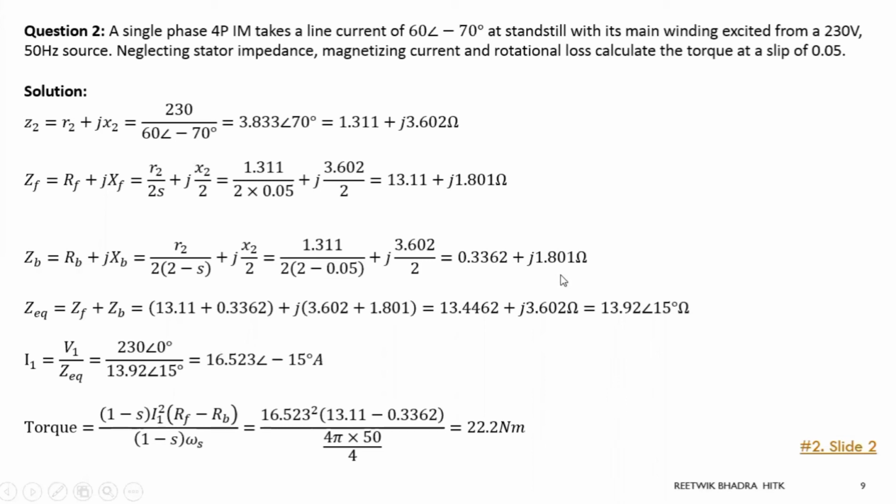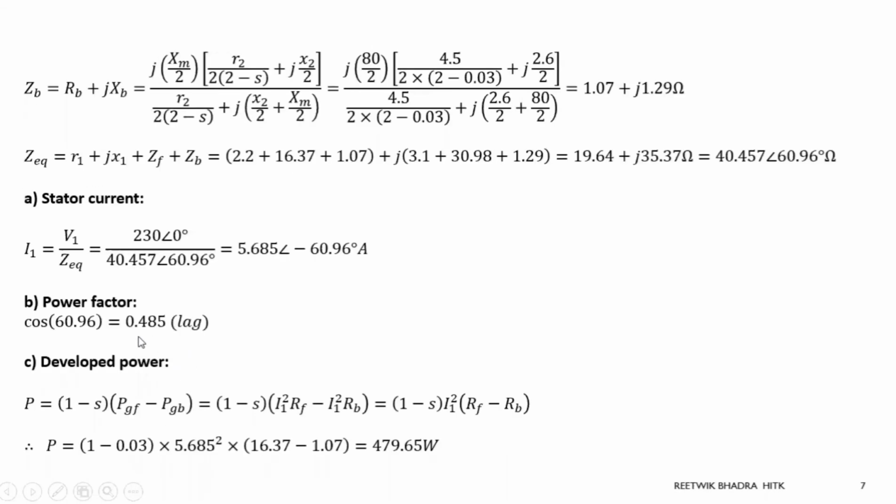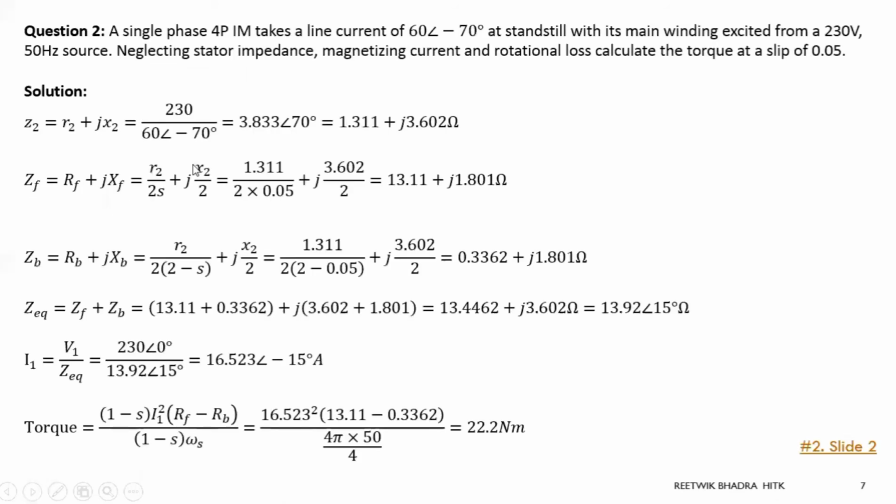Now if you calculate your ZB and all, how to calculate your I1? I1 is V1 by Z equivalent. What is that? R1 plus JX1 plus ZF plus ZB, right? So if I go into this, again stator impedance is neglected, so R1 and JX1 are neglected.